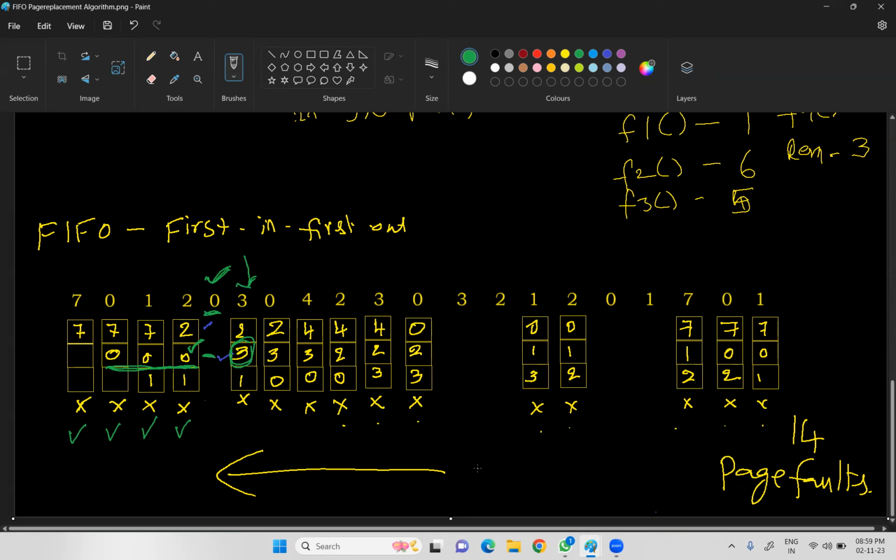Because of 0 there is no page fault. So why are you supposed to replace this by 0? Is it not possible to replace it with 1? If you do so, there might be some advantage over FIFO. This is one particular point. Hope that you understand.